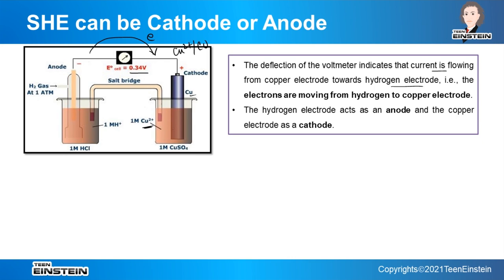As the current direction is reverse to the electron flow, the current will obviously flow from the copper electrode towards the hydrogen electrode, which is clear from the deflection of the voltmeter. So this is opposite. Here this is the anode, this is the cathode.